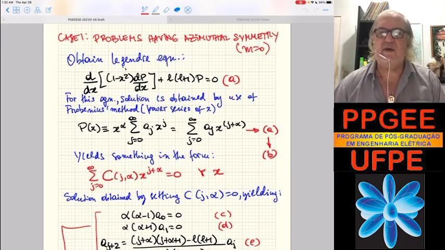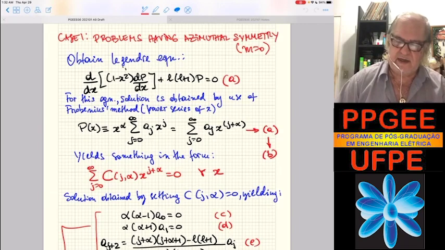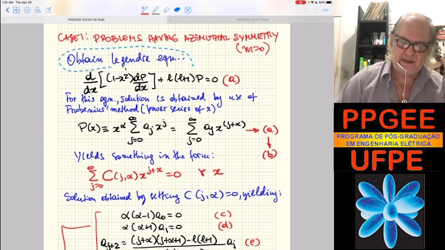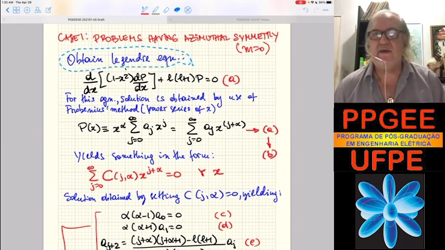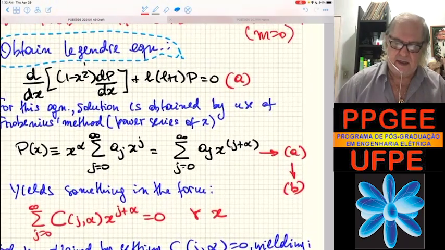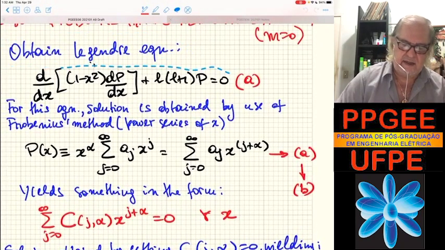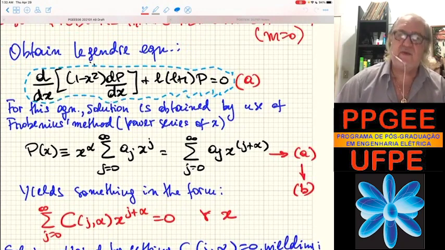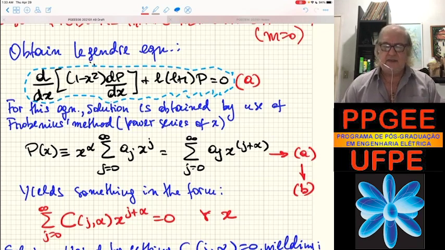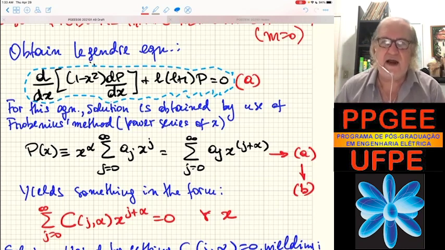So the generalized Legendre equation becomes the simplest Legendre equation, which is that simple structure here, and that can be solved in a rather straightforward way using the Frobenius technique. Right? Look at the Frobenius technique.